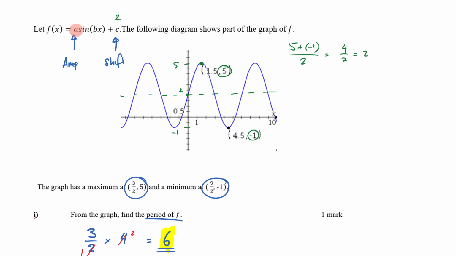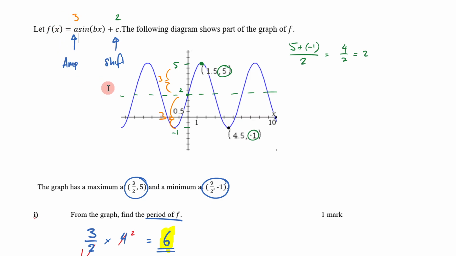To find the amplitude, I'm just going to consider the difference between the midpoint, the center of this, to my minimum and my maximum. As you can see here, and let me do this in another color, that has a distance of 3, and that has a distance of 3 there. So this will be 3.